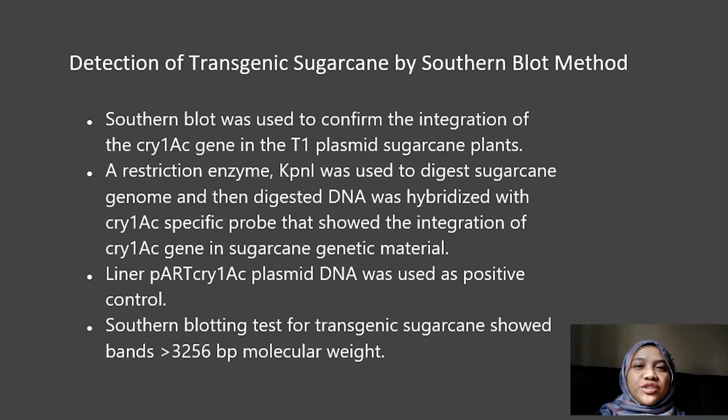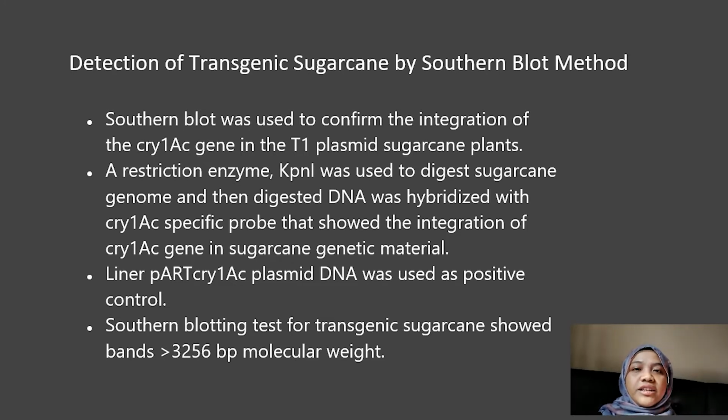Detection of transgenic sugarcane by Southern blot method. Southern blot was commonly used to confirm the integration of the Cry1AC gene in the T1 transgenic sugarcane plant. The restriction enzyme KpnI was used to digest the sugarcane genome, and then the digested DNA was hybridized with a Cry1AC specific probe that showed the integration of the Cry1AC gene in the sugarcane genetic material.